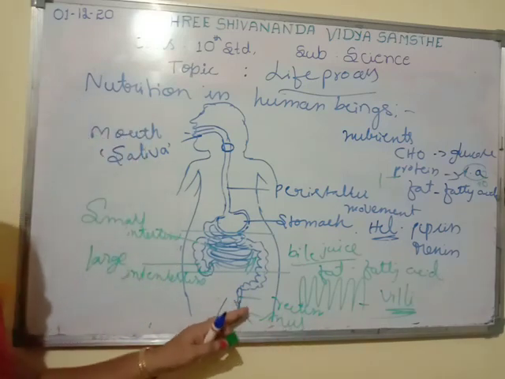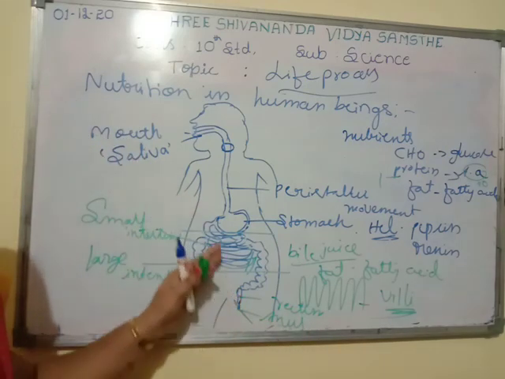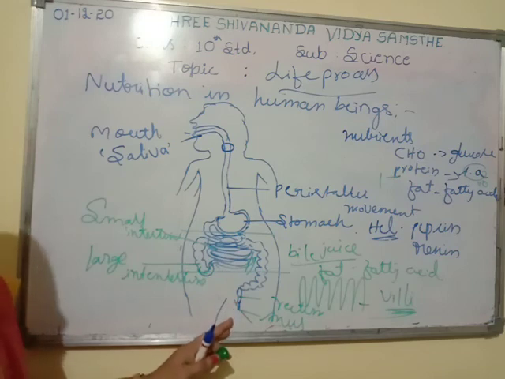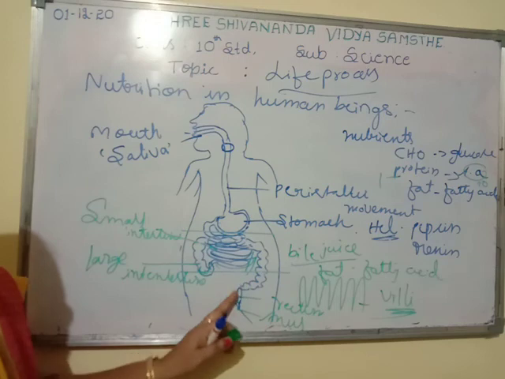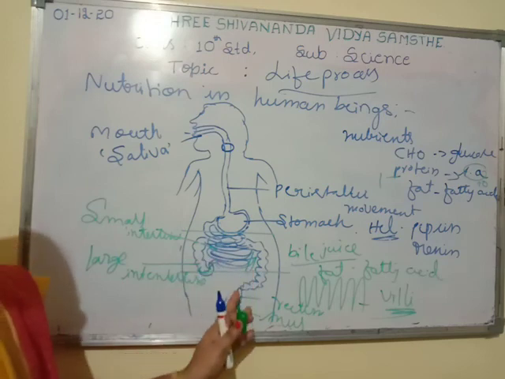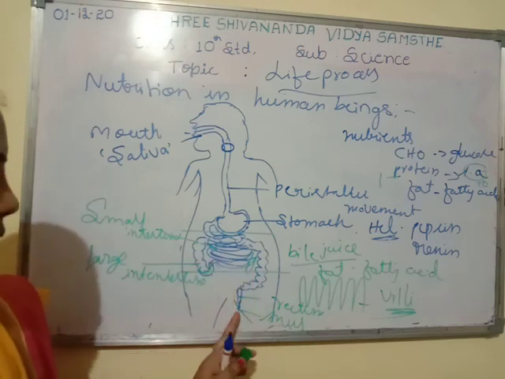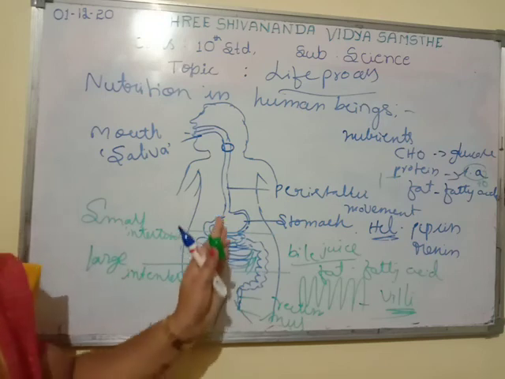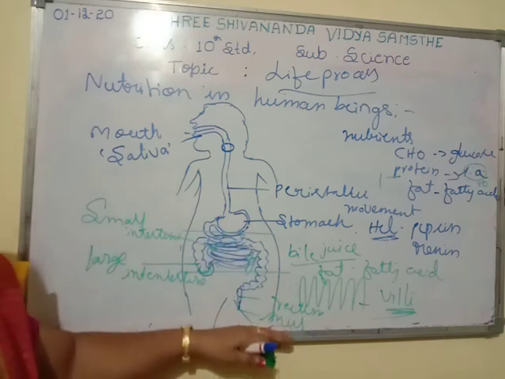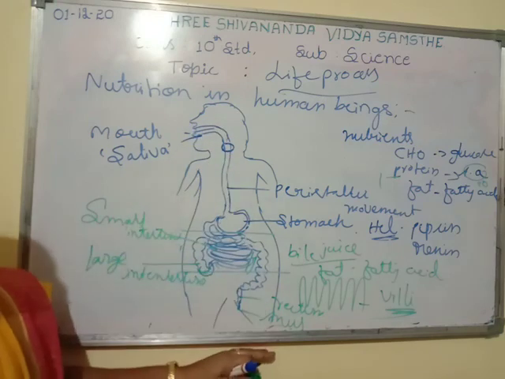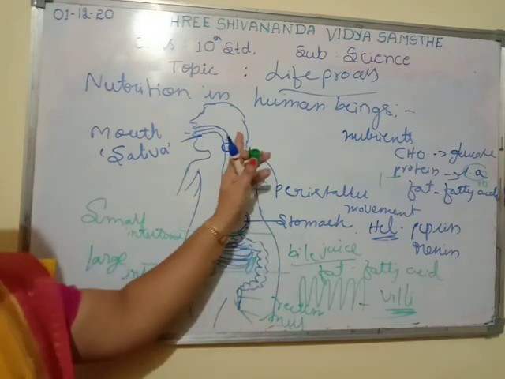At this point the undigested food is expelled out from the body through the anus. The rectum is the part where the undigested food is stored, and the anus is the opening where it is expelled out from the body. So this is digestion, or nutrition, in human beings.